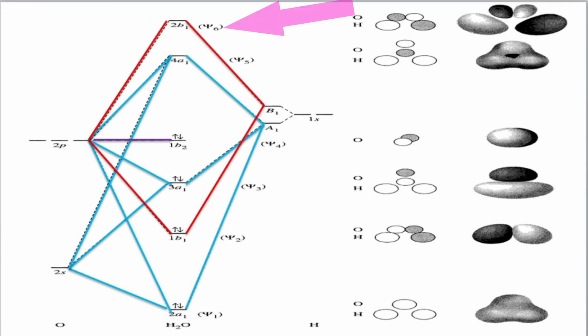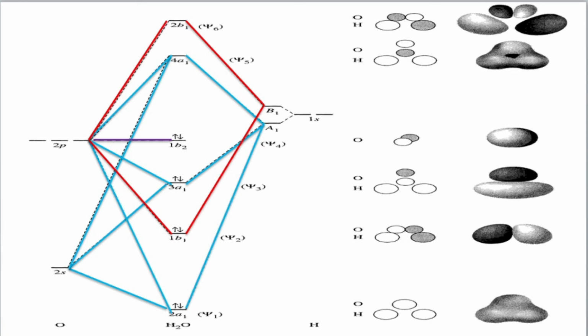So in total, psi 1 to psi 6, these are the 6 wave functions for various molecular orbitals right from 2a1 to 2b1. What is the energy sequence? 2a1, 1b1, 3a1, 1b2, 4a1, then 2b1.